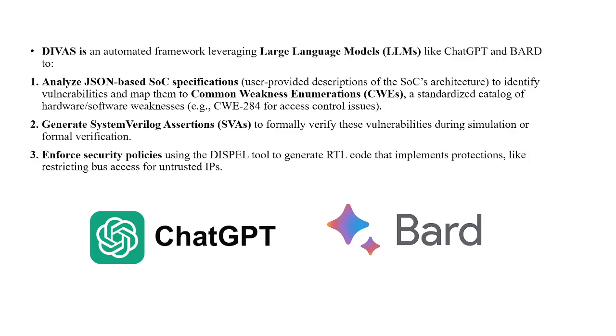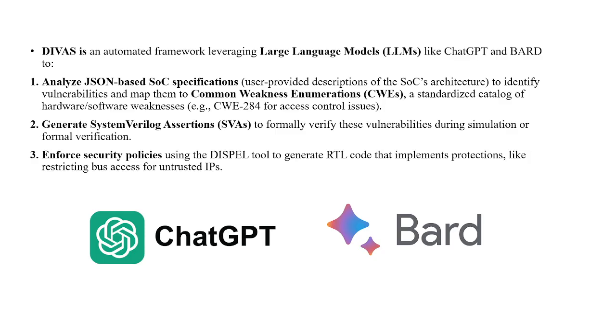And finally, if any issues are detected, the framework translates the verified assertion into actual RTL level security policies using a tool named Dispel. This step injects logic into the RTL to block insecure behavior, like stopping untrusted IPs from accessing protected memories.